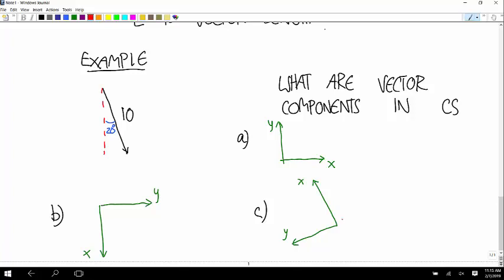And this angle is 20 degrees from vertical. Okay, so even though it's going to be the same vector in all 3 of these cases, the vector doesn't change. We're going to have different components for each of these coordinate systems.